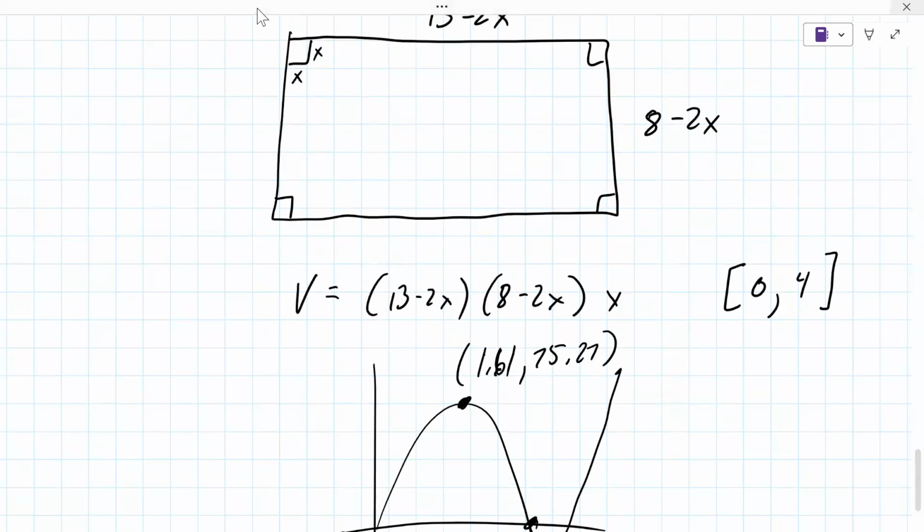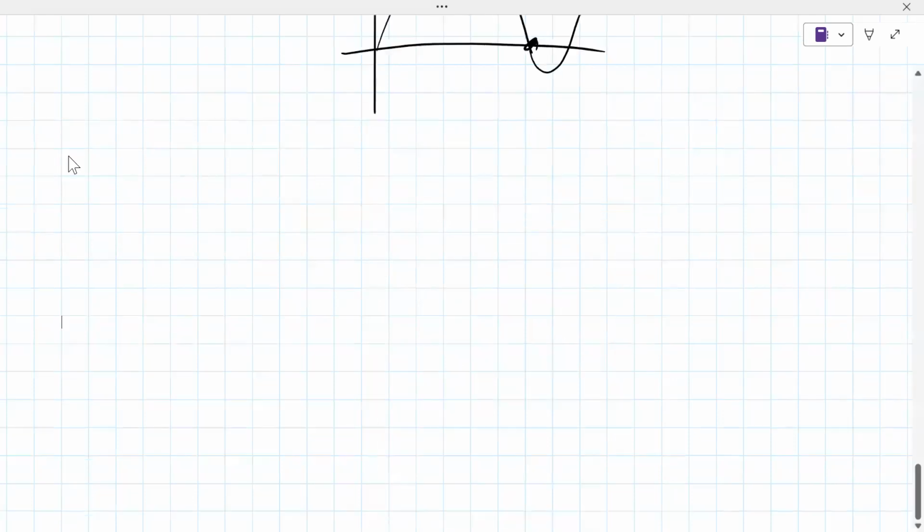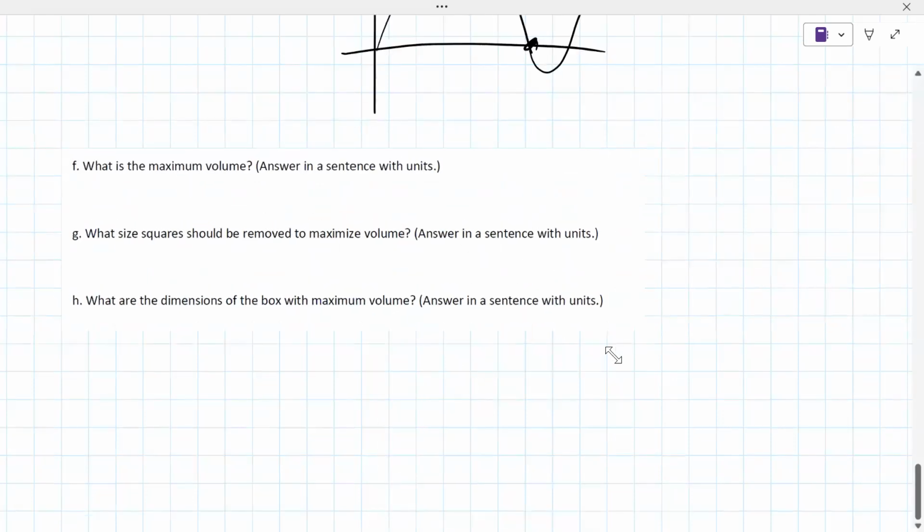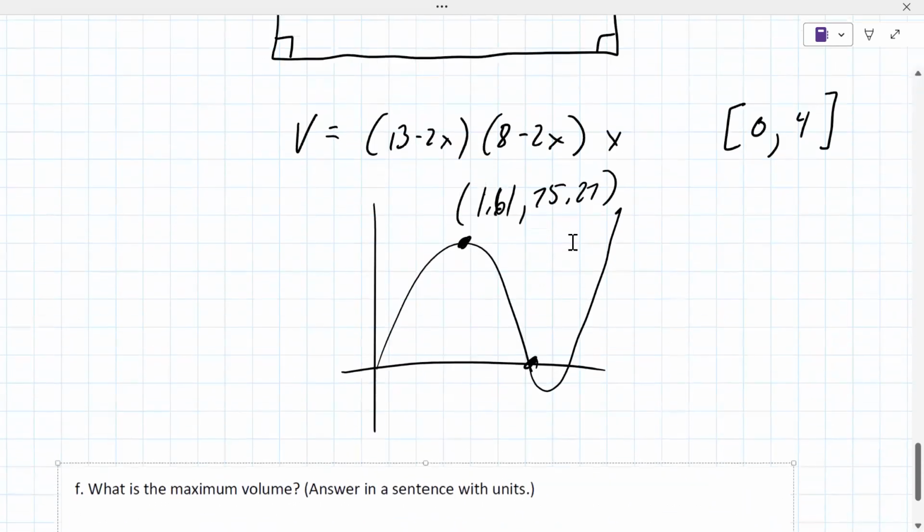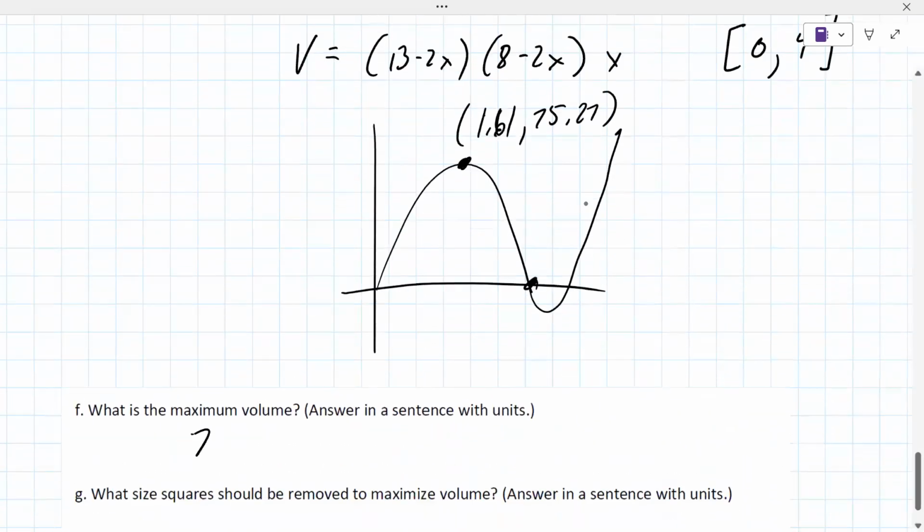So depending on what it's asking, and that's where you said part F here. Part F: the maximum volume is 75.27 centimeters cubed. Got it.